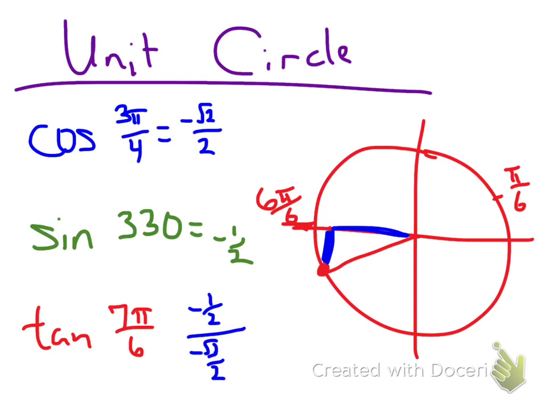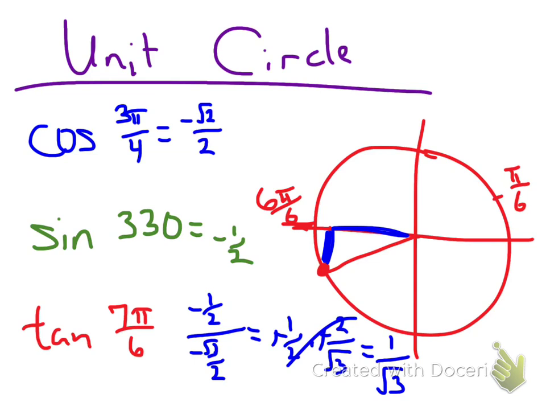So to solve this one, I take those and divide them. So I have a negative 1/2 times the reciprocal, which is negative 2 over the square root of 3. Negatives cancel out, the 2's cancel out, so I get 1 over the square root of 3.